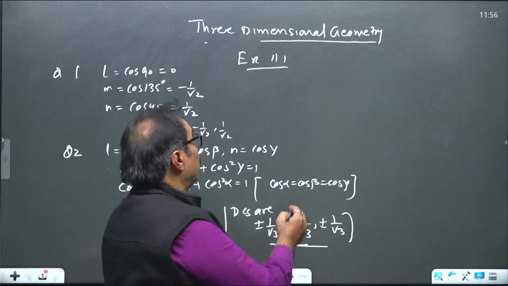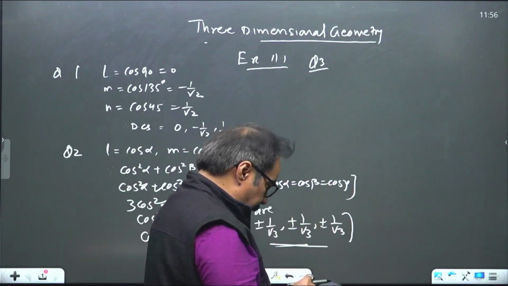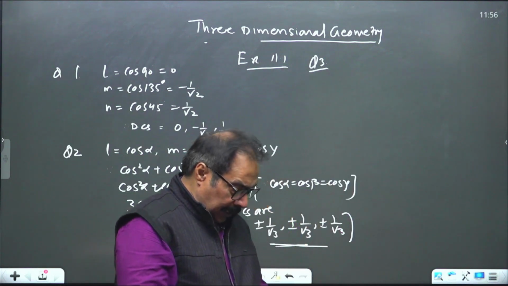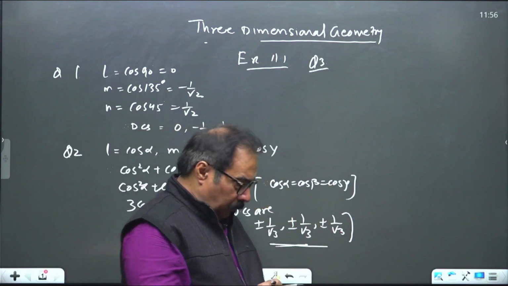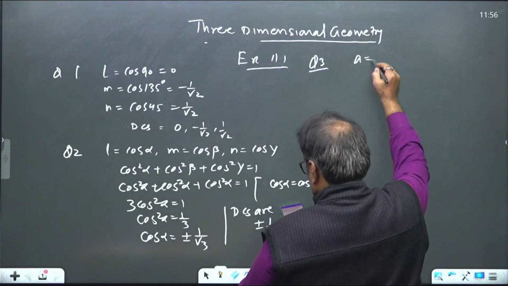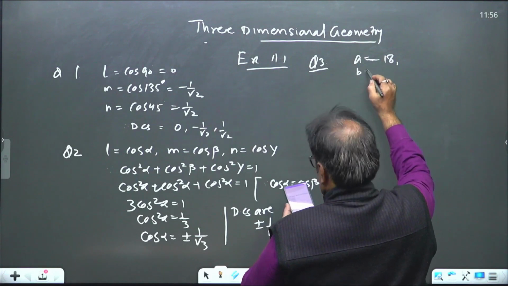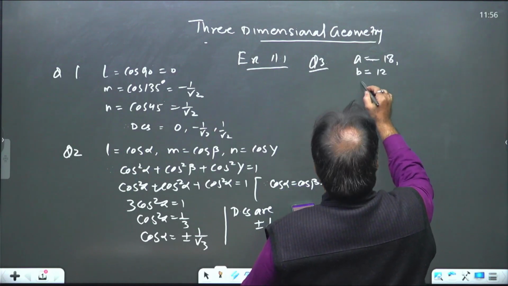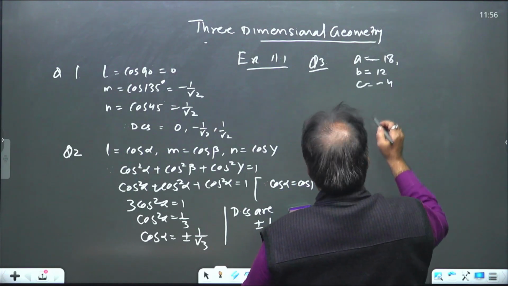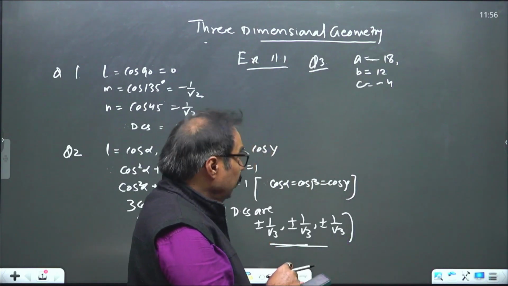Now the next question, question number 3. If a line has the direction ratios A equals minus 18, B equals 12 and C equals minus 4, what will be the direction cosines?